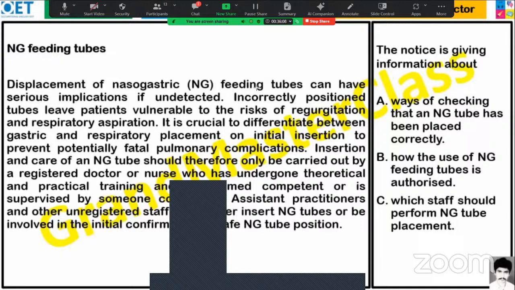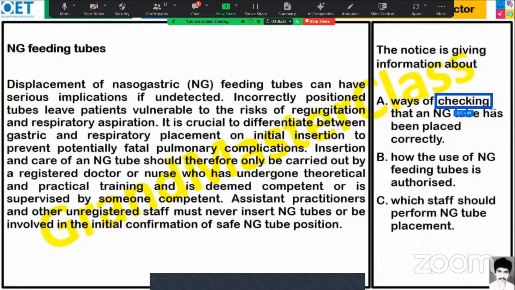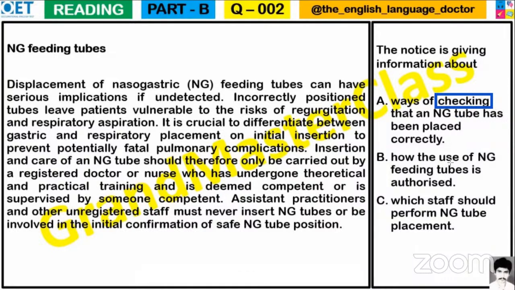The notice is giving information about ways of checking how the use of NG tube feeding tubes is authorized. So it is authorization. Which staff should perform NG tube replacement?